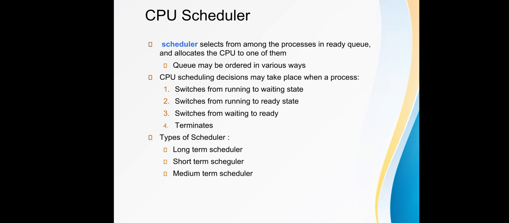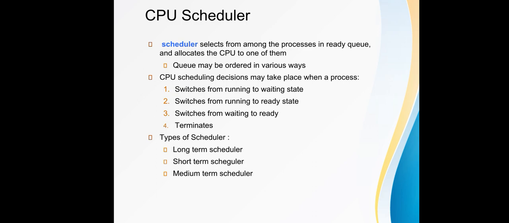The job performed by the scheduler is to select from among the processes in the ready queue and allocate the CPU to one of them. That queue may be ordered in various ways. For ordering the queue, we will see the scheduling algorithms.